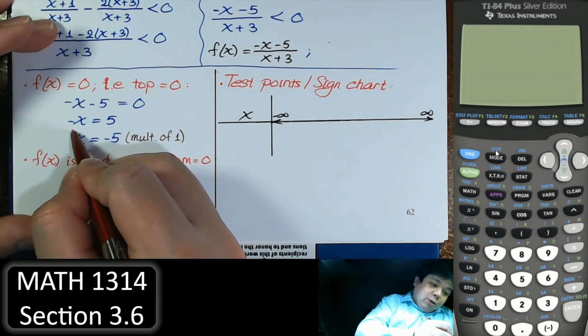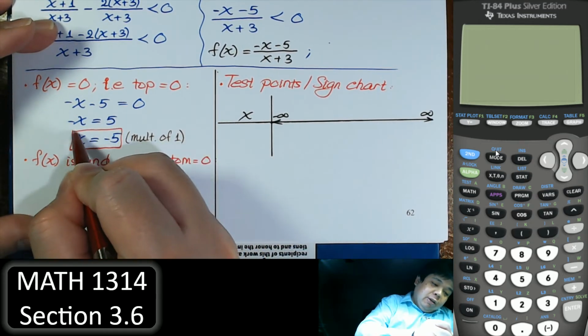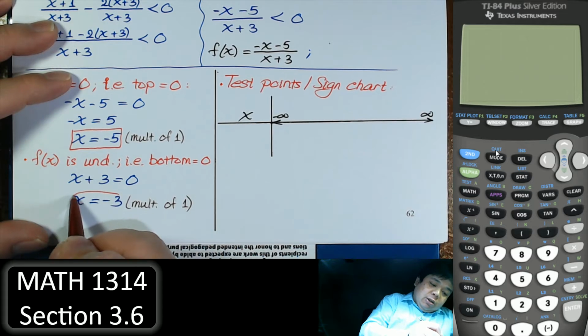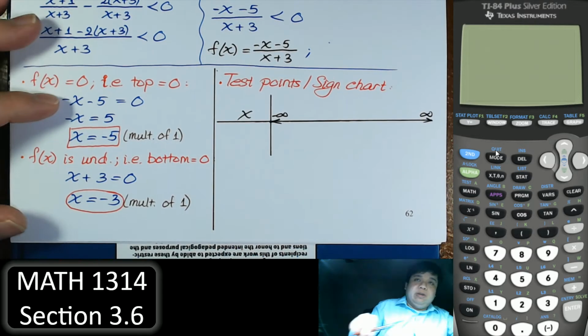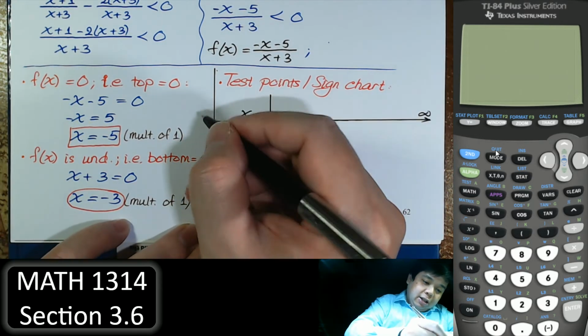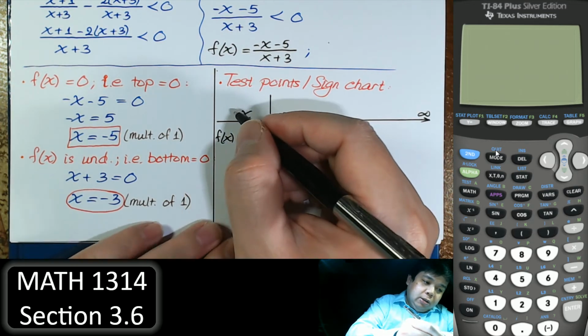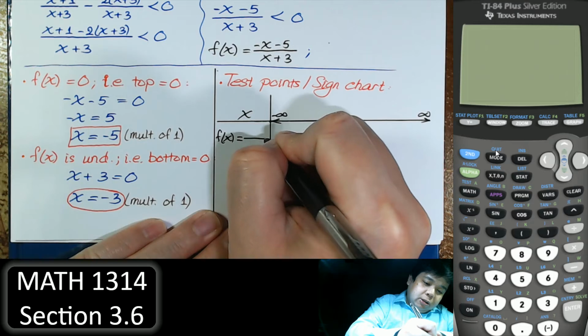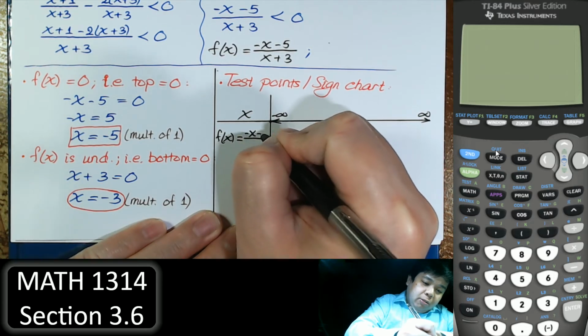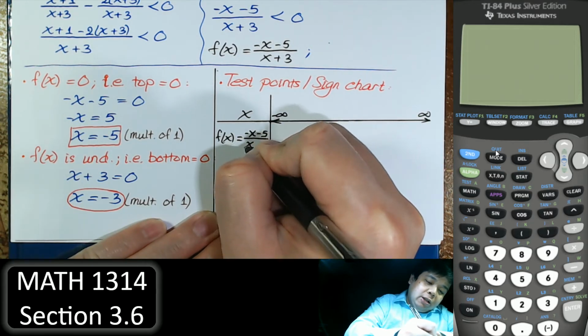We have x equal to negative 5, make it equal to 0, and x equal to negative 3, make it equal to 0. Right, so the function is negative x minus 5 over x plus 3.